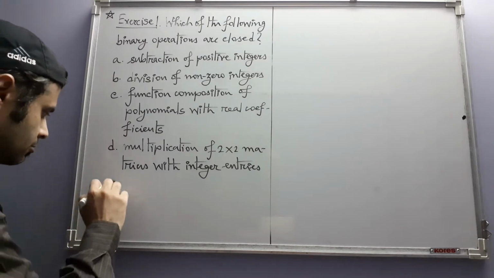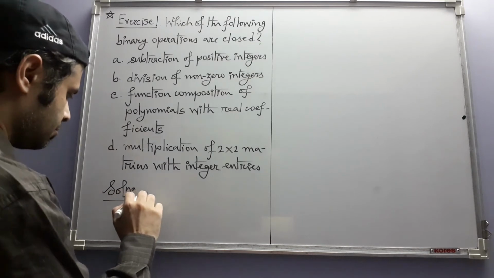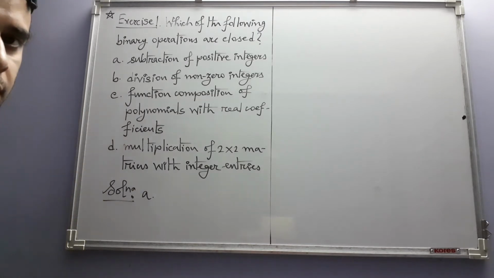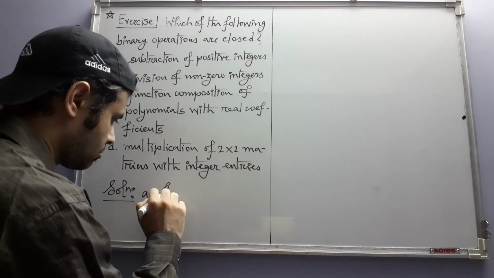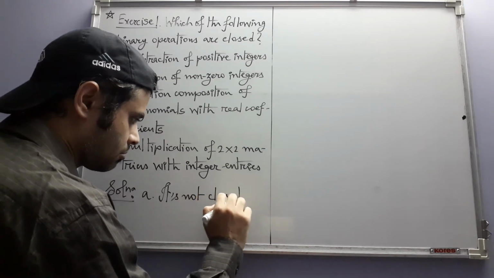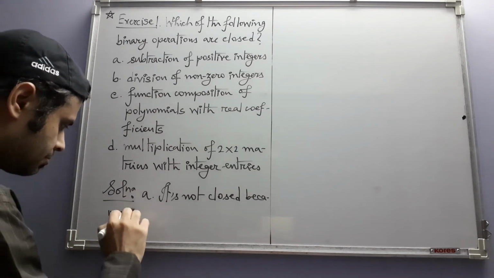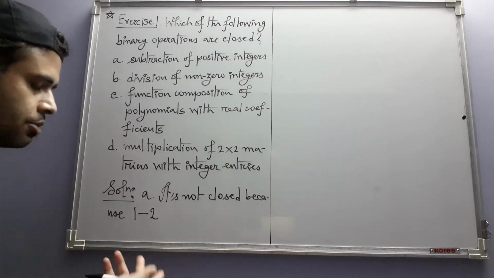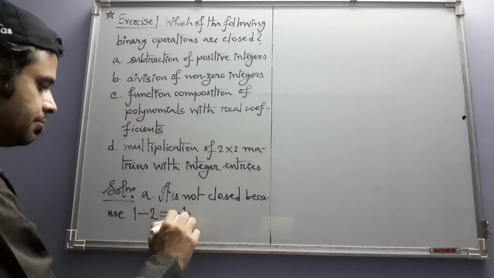Okay. The operation in part A is clearly not closed, because if you subtract 2 from 1, where 1 and 2 are both positive integers, then the result is not a positive integer.